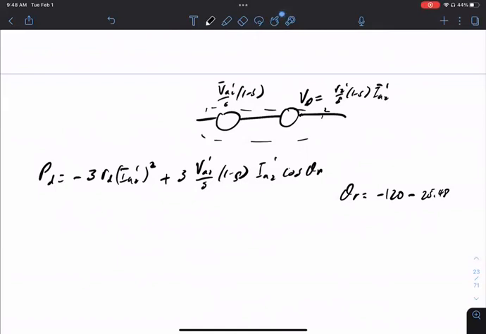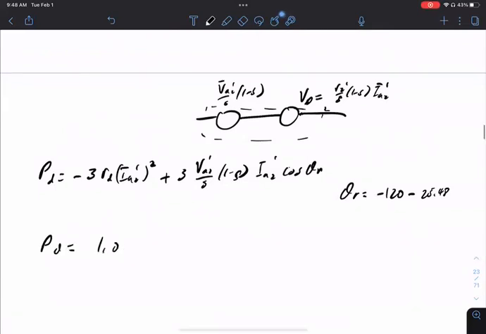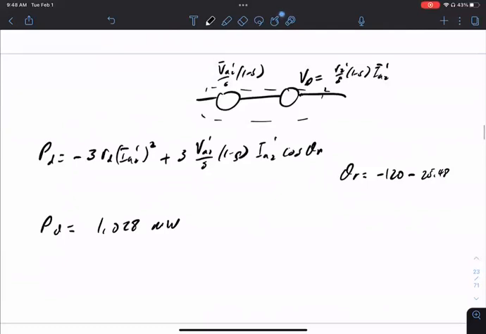Everything else is a straightforward plug into the equation and see what comes out. This will be 1.028 megawatts. We plug all the numbers, S and IA2, into this equation. All right, so this is our developed power.